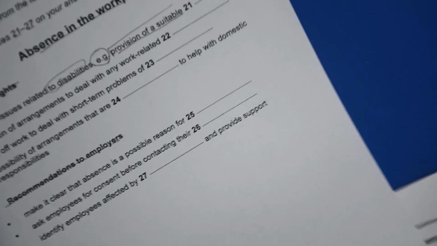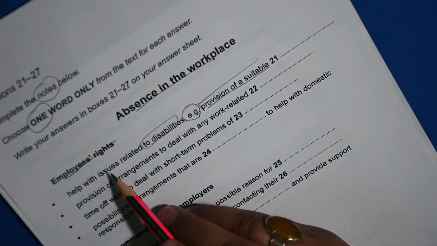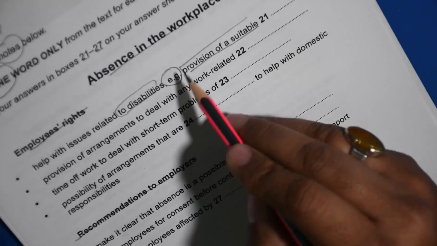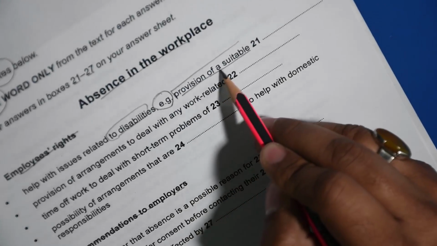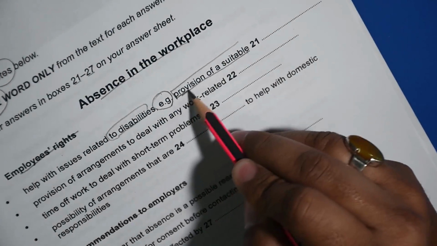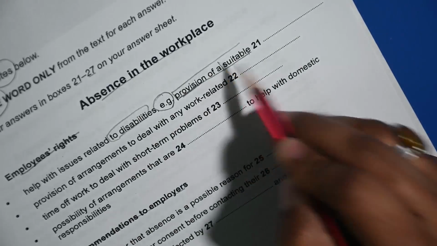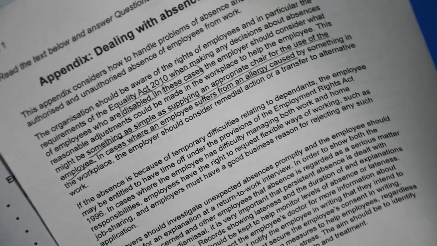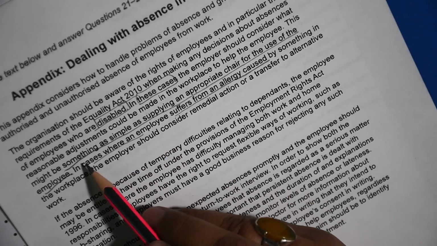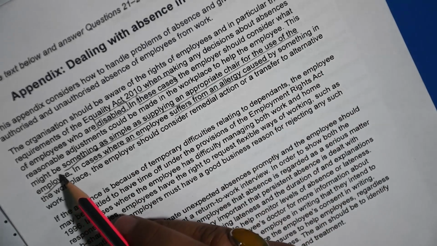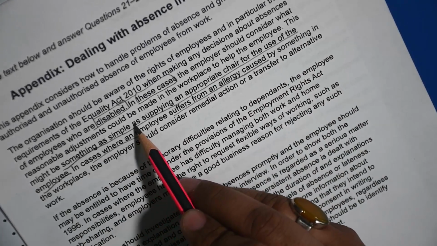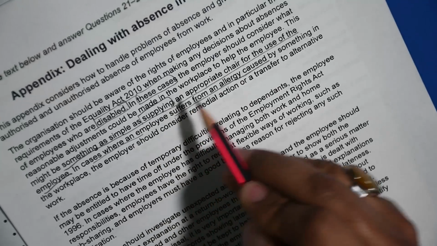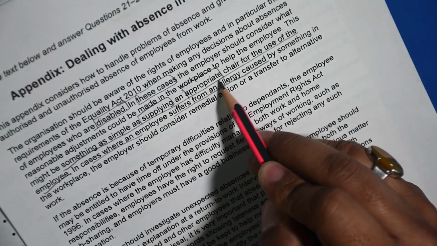In cases where an employee suffers from an allergy caused by something. Let me see. The question is help with issues related to disabilities, for example, provision of a suitable. Provision means supply. A suitable. Now let's see if there is anything. Okay, they say this might be something as simple as supplying, and for suitable, appropriate.